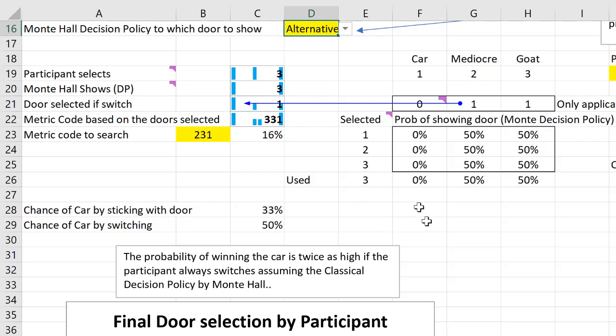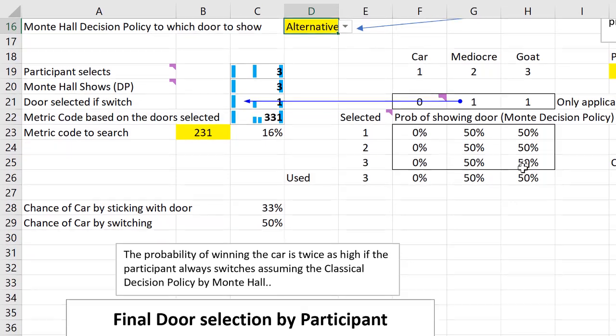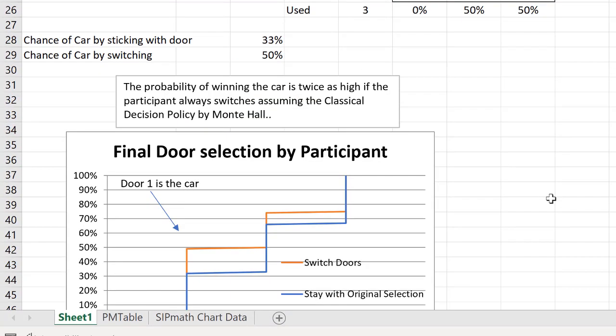What happened here? If they select door 1, he's got a 50-50 chance of showing door 2 or 3, and that's true no matter what door they select, he will pick door 2 or 3 to show them. In this case, we can see that the probability of getting the car is only 50%.